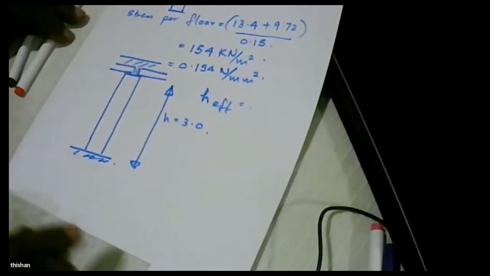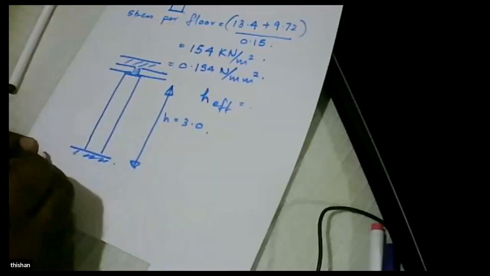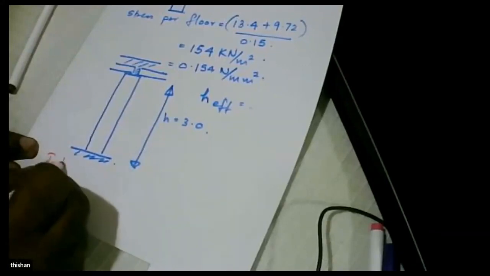So that is one of the problems that we have. What are the other problems we have? Now here you can see we are having a symmetric arrangement, so the eccentricity at the top will be very small. Then we also have to consider the initial eccentricity.